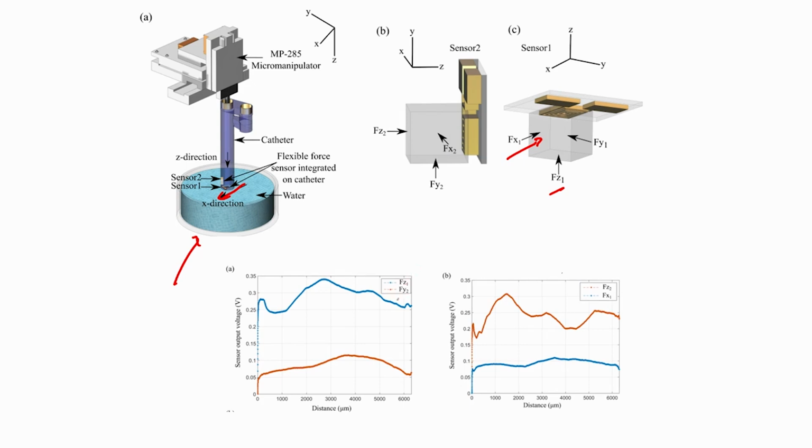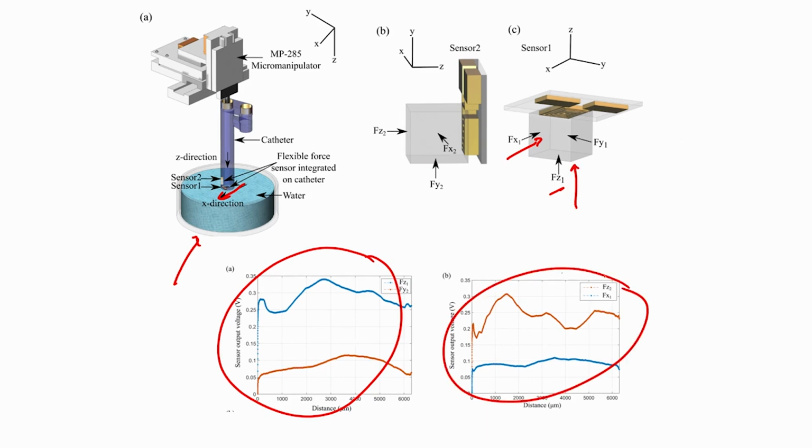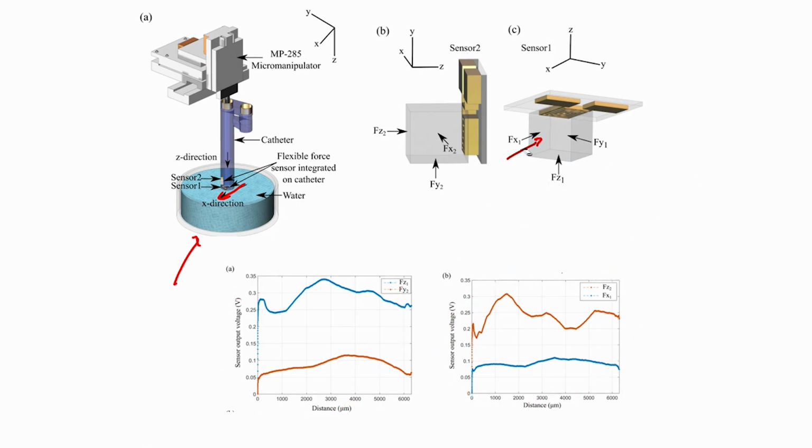For example, fz1 and fy2 are different. When I apply force in this direction, fz1 is different than fy2, and likewise fz2 is different than fx1. So you can very clearly understand that you can delineate the force applied on a certain part, and whether it is normal force or shear force, and that is very important.